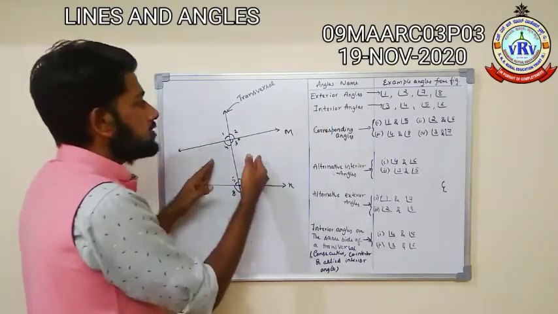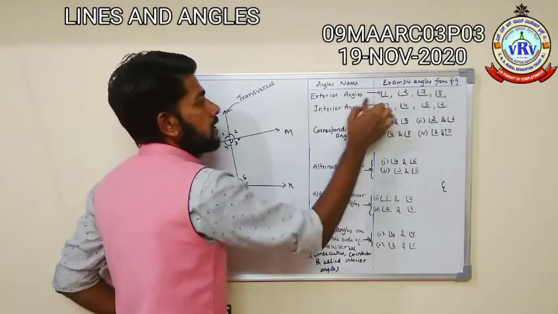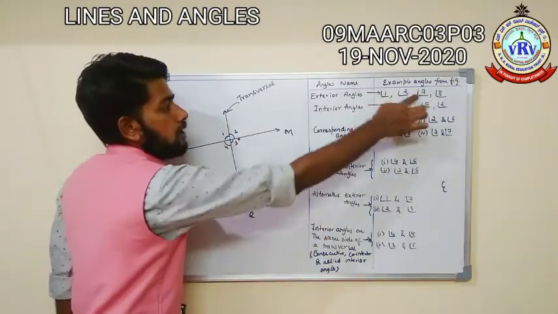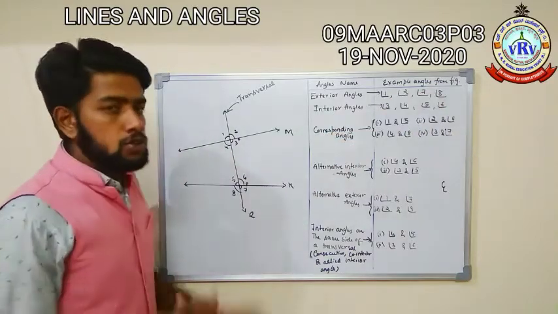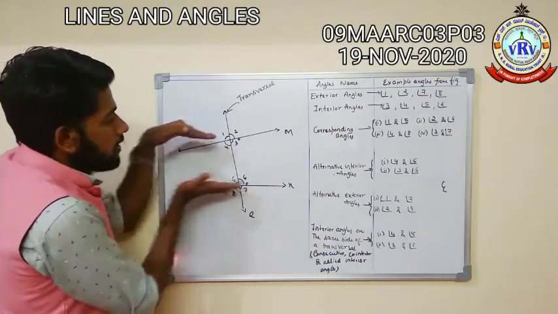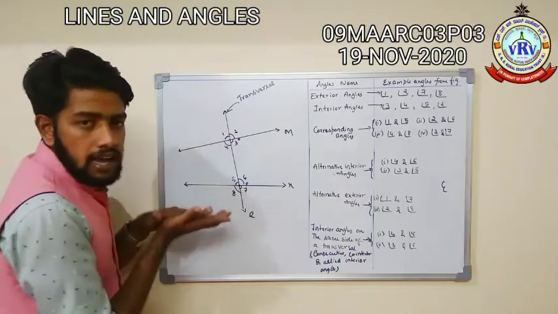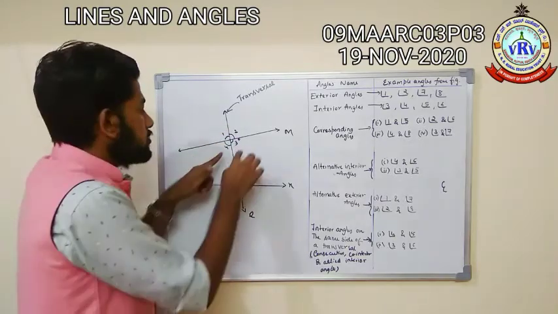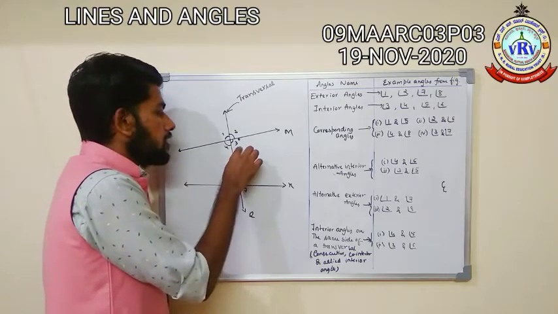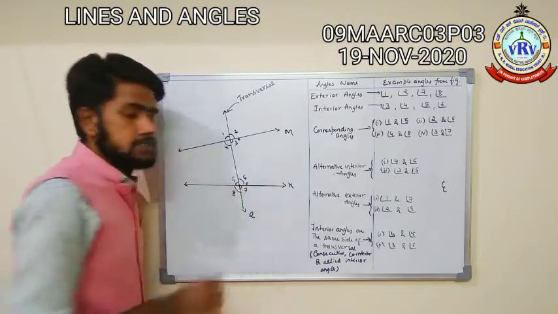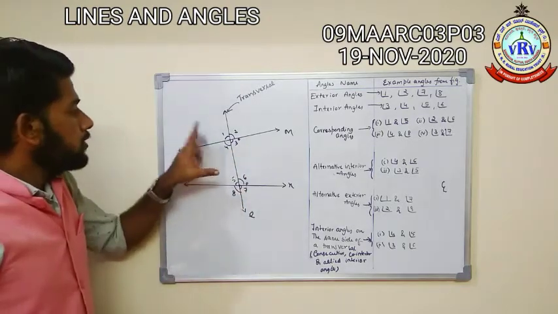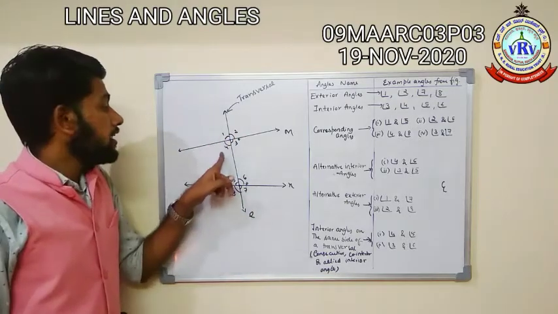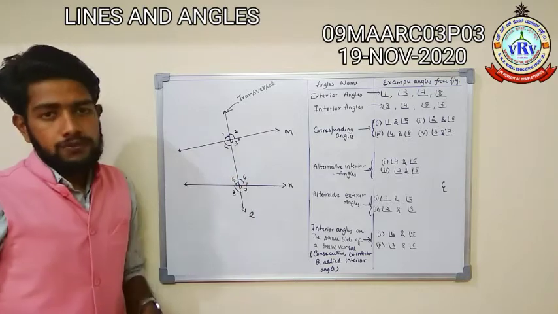The angles we are considering between the lines are interior angles. So here the interior angles are 3, 4, 5, 6. In this figure, exterior angles are 1, 2, 7, 8 and interior angles are 3, 4, 5, 6.